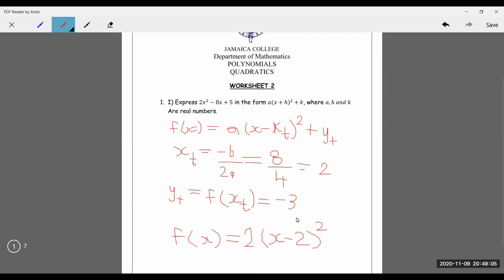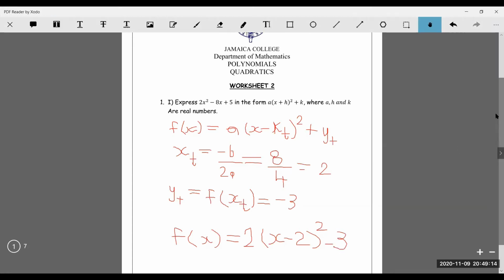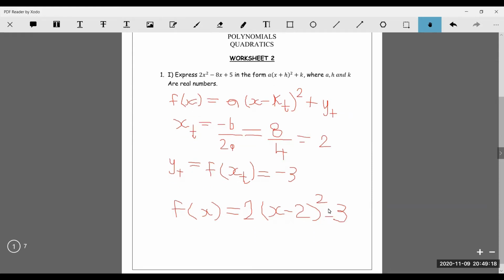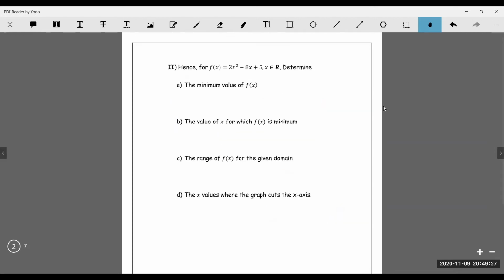Plus yt is minus 3. And so this is the completed square form. That's your answer. That's the solution. f of x is 2 times (x minus 2) all squared minus 3. So this is how we complete the square. Very easy question.